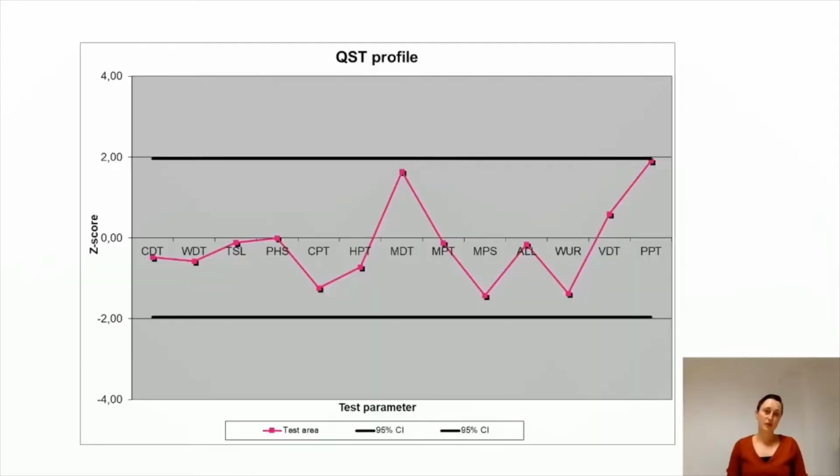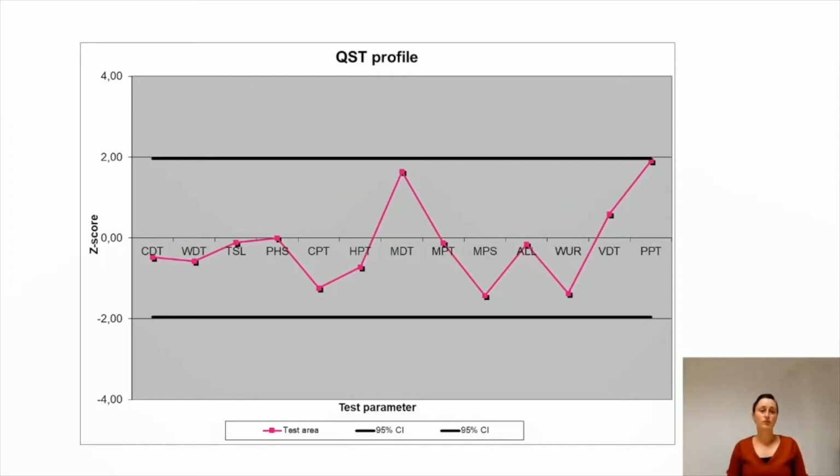By then comparing these raw values to normal values, we can calculate a normalized standardized Z-score. This score depicts the distance of the individual compared to the normal population, where the 95% confidence interval will function as a border for significant abnormalities.